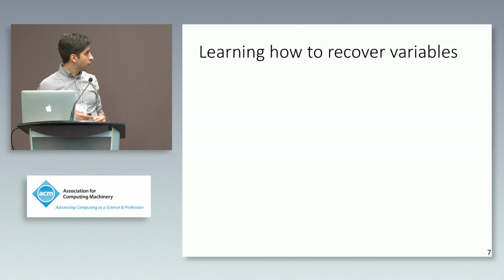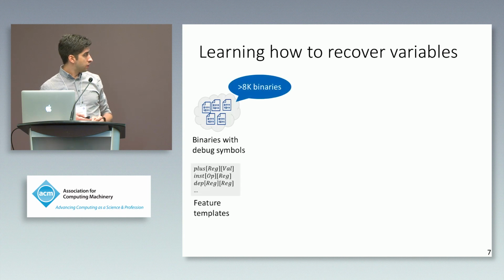Okay, so the first phase of the prediction is to recover the semantic variables in the binary. And the learning here proceeds by learning from a lot of binaries with debug symbols. For our experiments in the debug system, we used over 8,000 binaries with debug symbols. And we also defined many different feature templates. So these templates capture different semantic information about what the registers do.